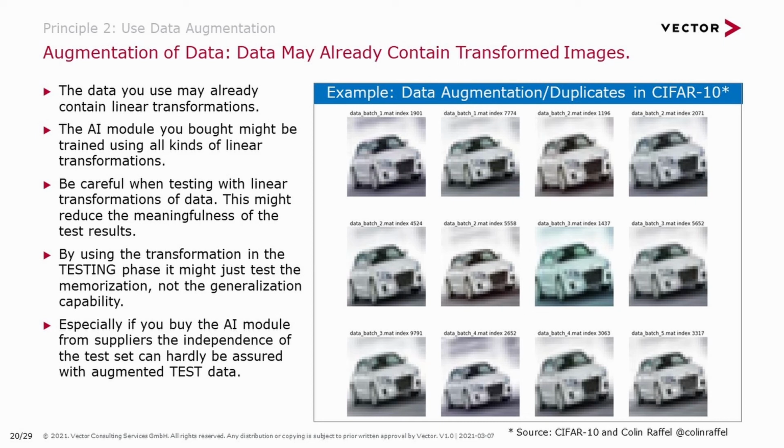It's obviously the same picture of a car, only slightly transformed, and you have to be very careful how to interpret the results from these transformed images. This is my message for you: use data augmentation, but when it comes to testing, be careful how to interpret the results.